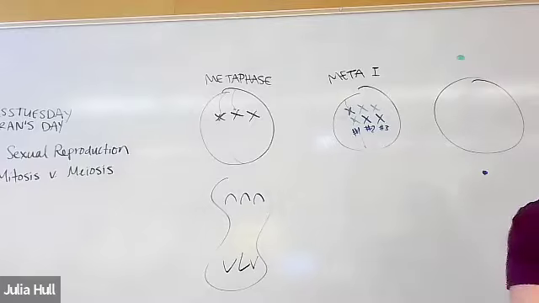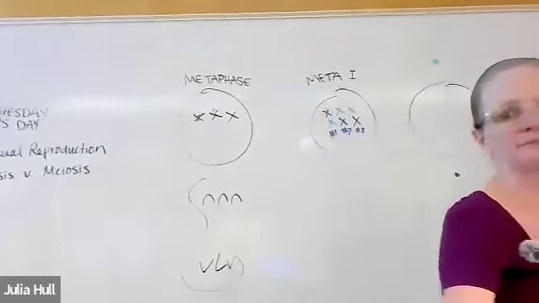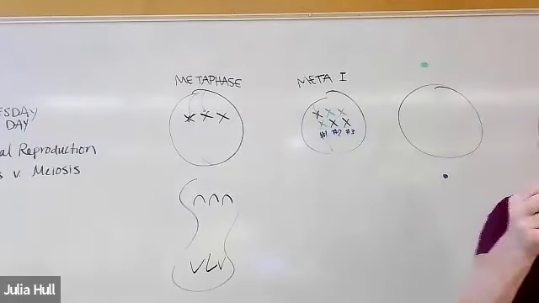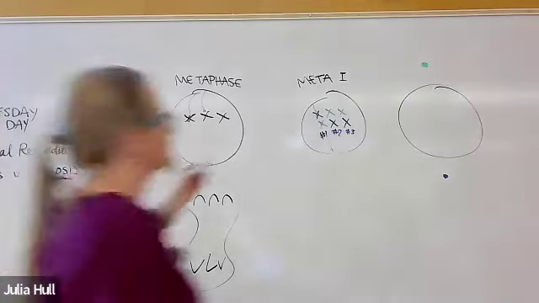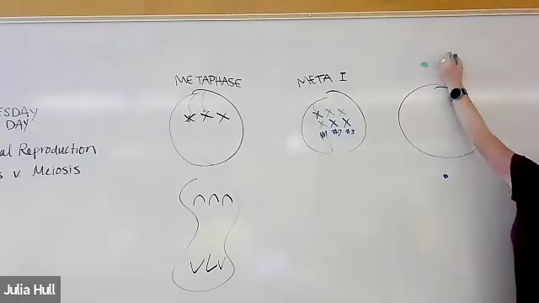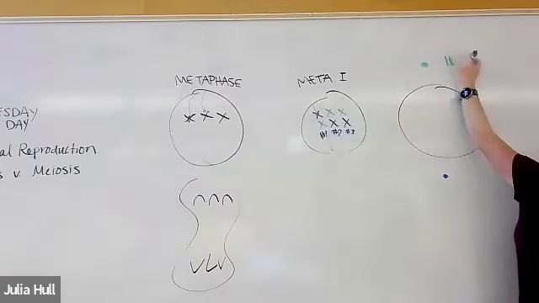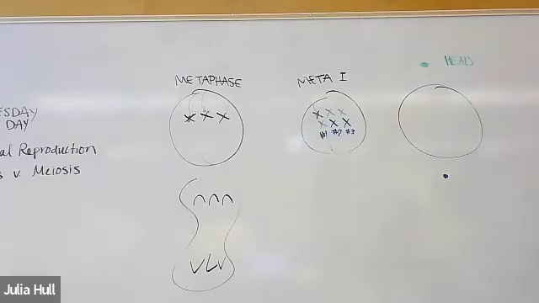Who's the best coin flipper in the class? Do we want green to be heads or tails? Okay, green is heads. You're going to flip it 3 times. Go ahead and flip it and tell me what you got.